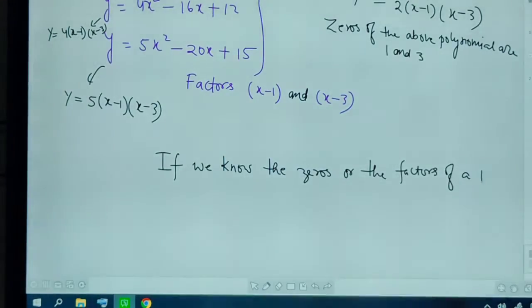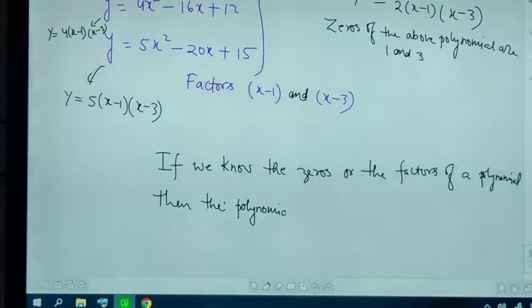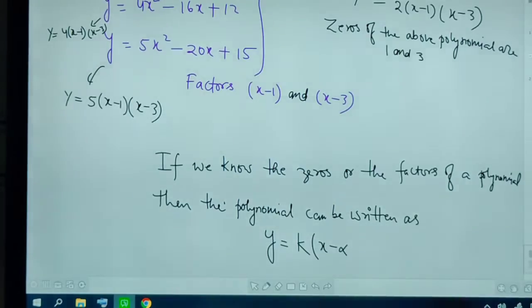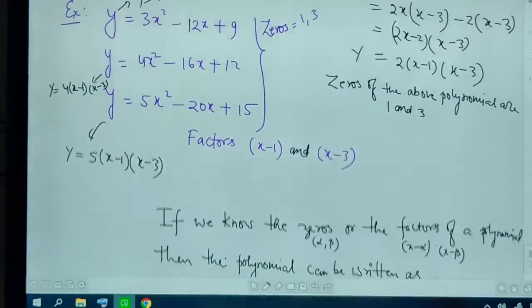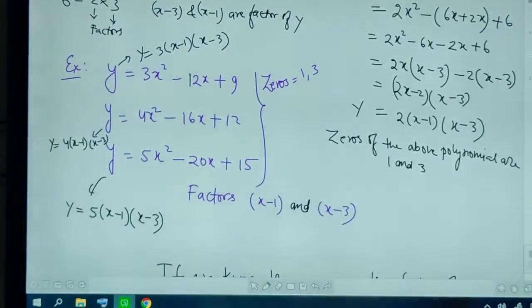Thus we can say that if we know the zeros or the factors of a polynomial, then the polynomial can be written as y is equal to k times x minus alpha into x minus beta. Like in the above examples, y is equal to 4 into x minus 1 into x minus 3, y equal to 5 into x minus 1 into x minus 3.